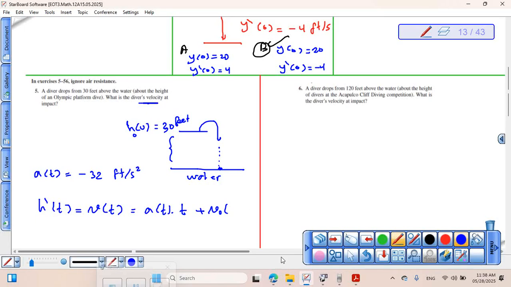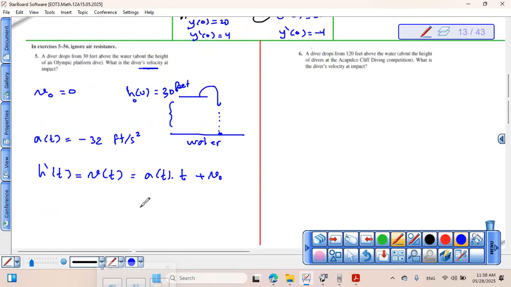Just substitute. In the beginning, v null equals 0. So negative 32t plus 0. This is h prime of t, the velocity at any time.